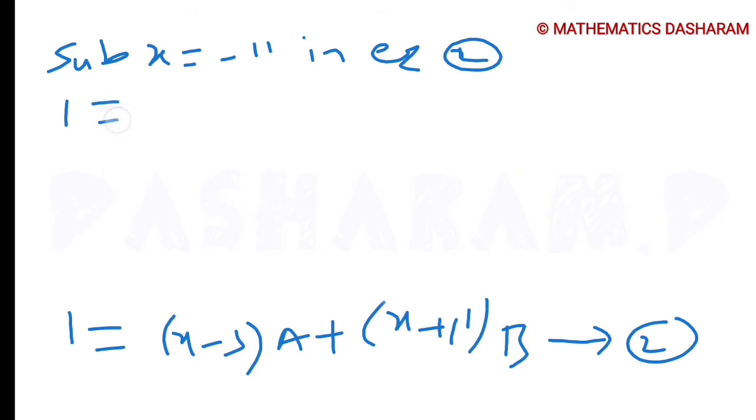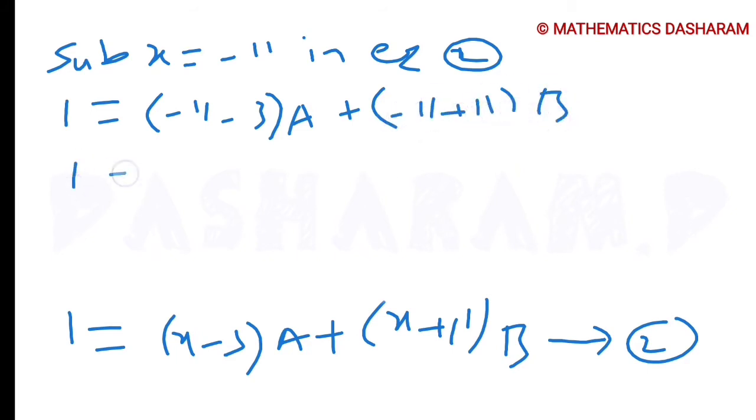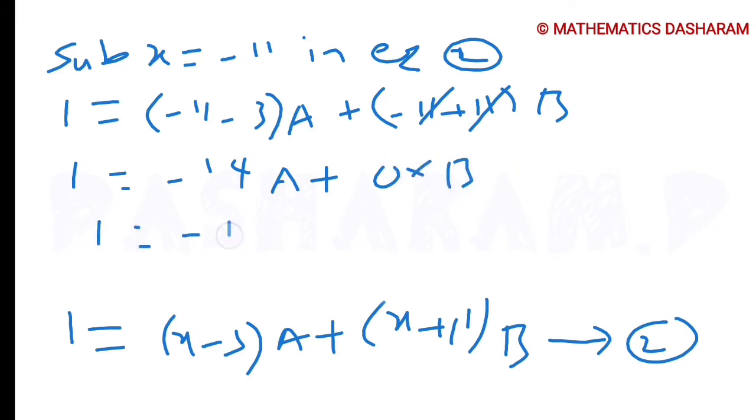So 1 equals (minus 11 minus 3) into a plus (minus 11 plus 11) into b. 1 equals minus 11 minus 3 is minus 14 into a, and minus 11 plus 11 cancel, 0 into b. So 1 equals minus 14a.